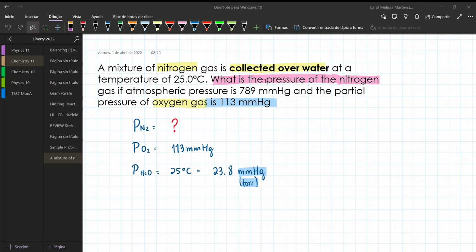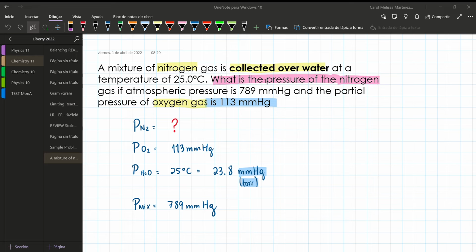Now, what is the total pressure of the mixture? 789 millimeters of mercury. So I need to find the partial pressure for nitrogen.